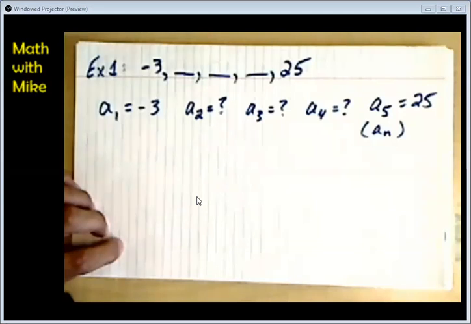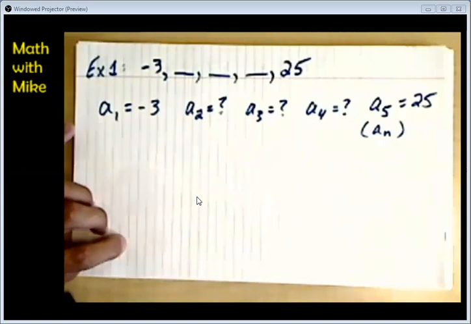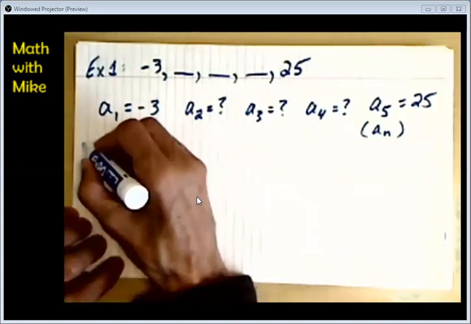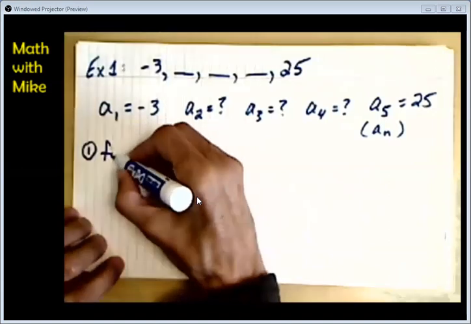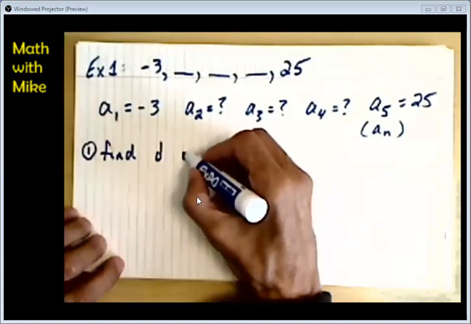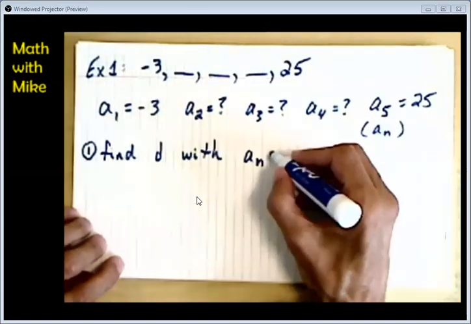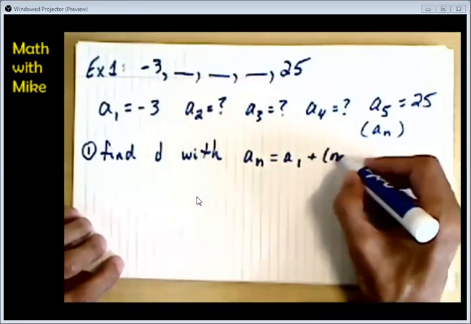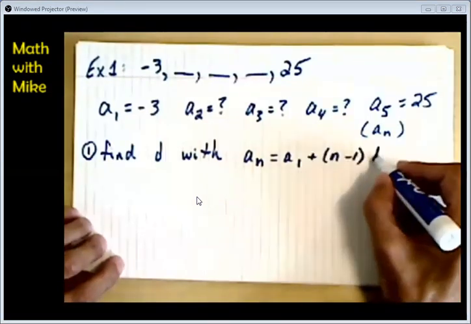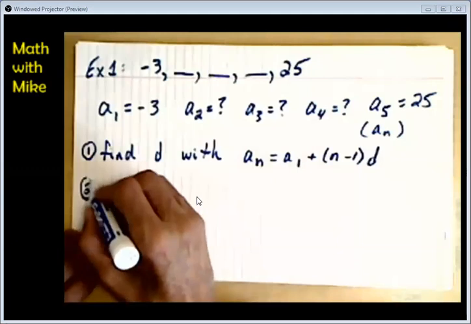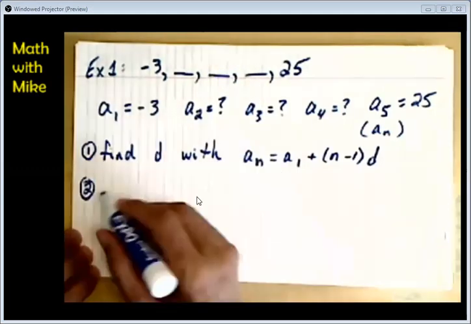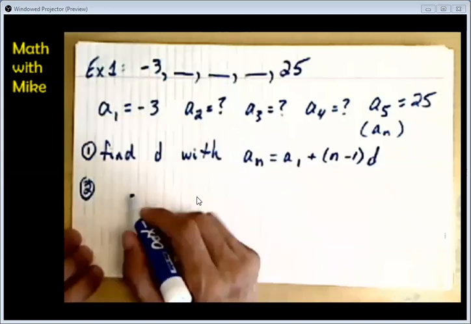That's right. And we did this type of question a couple of days ago, I think, where we can set up an equation to find D with our usual arithmetic sequence formula, and then find the A2, A3, A4 after that.